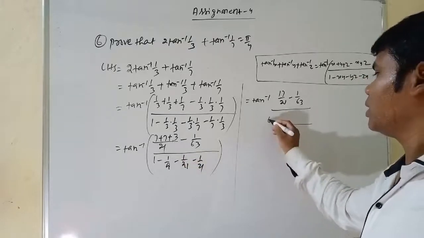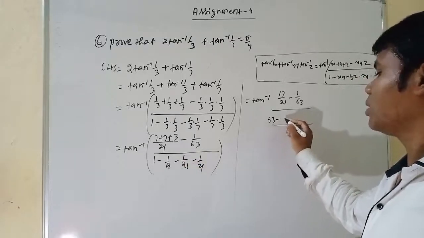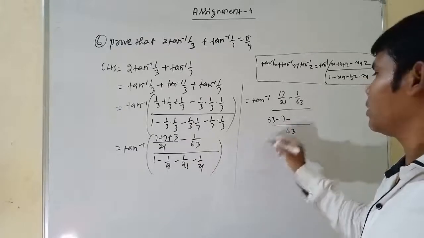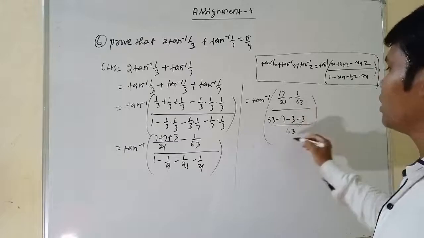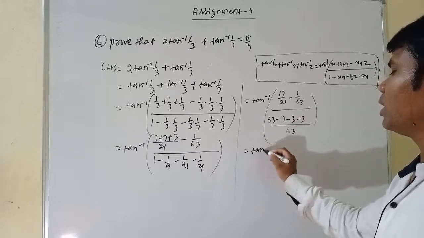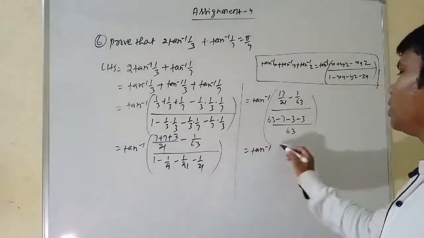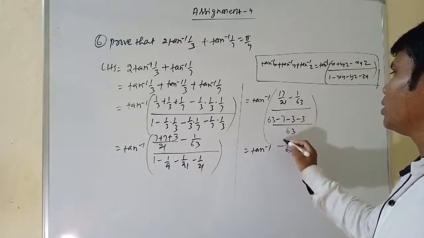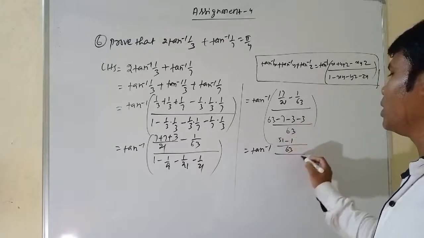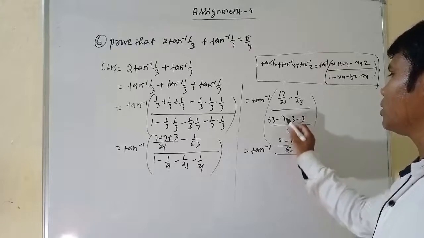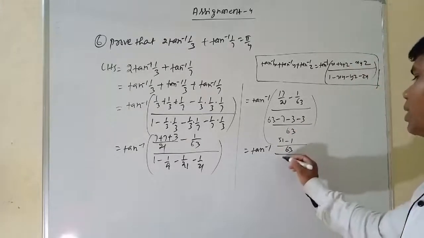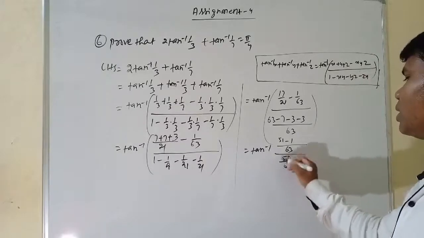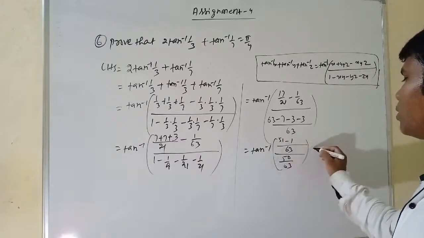So this is equal to 63 minus 7 minus 3 minus 3. Okay, is equal to tan inverse, LCM 63, 51 minus 1 here. 7 plus 3 is 10, 10 minus 3, so 50 by 63. 51 minus 1 is equal to 50.